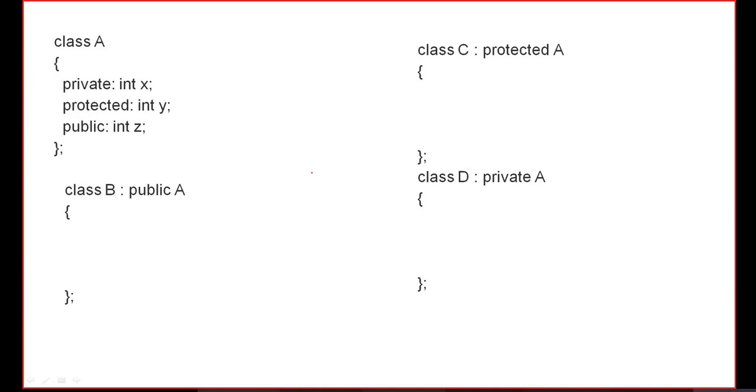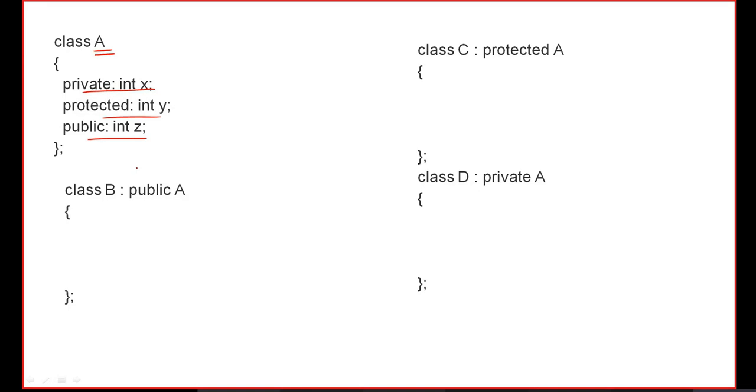Now this may clear all the doubts. I have a base class A and I have three data members X, Y, and Z of all three types. X is a private data member, Y is a protected data member, and Z is a public data member.